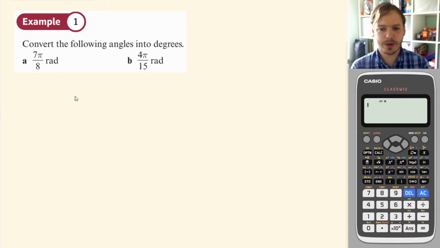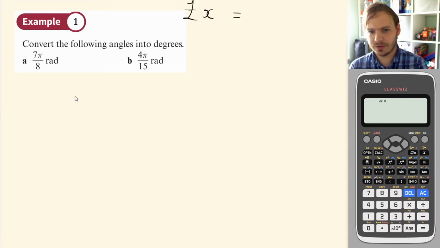It's really straightforward, but I just want to remind you of a basic kind of currency conversion thing, which is that if I have, say, X amount in pounds is equal to Y amount in dollars, then I can convert between the two by remembering that actually there's a ratio thing going on here.